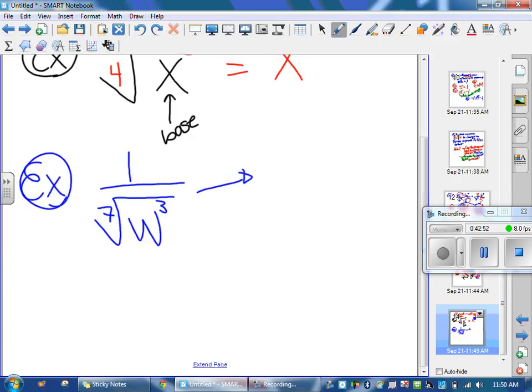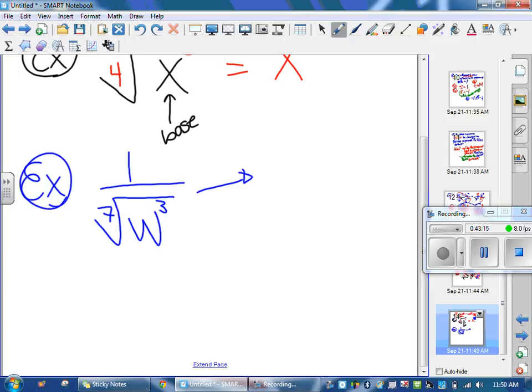How are we going to change that one to exponential form? Do I want negative exponents? Never. You don't want negative exponents in your final answers. So do I have to flip it? No. Don't flip it, because you want your answer in positive exponents.